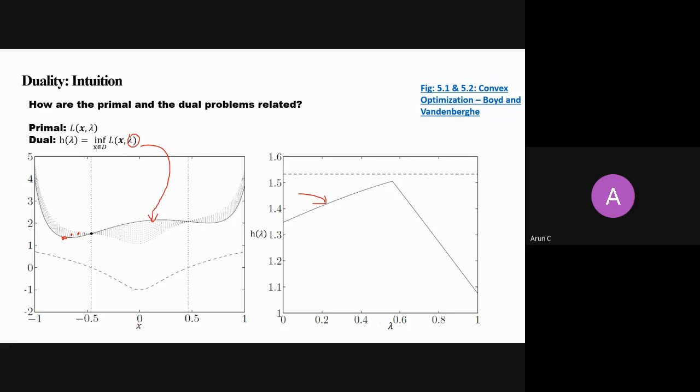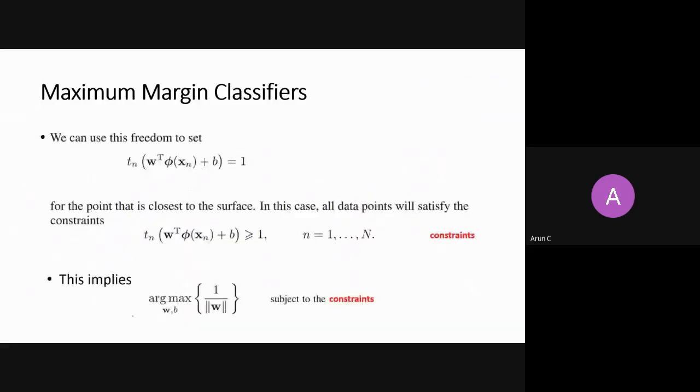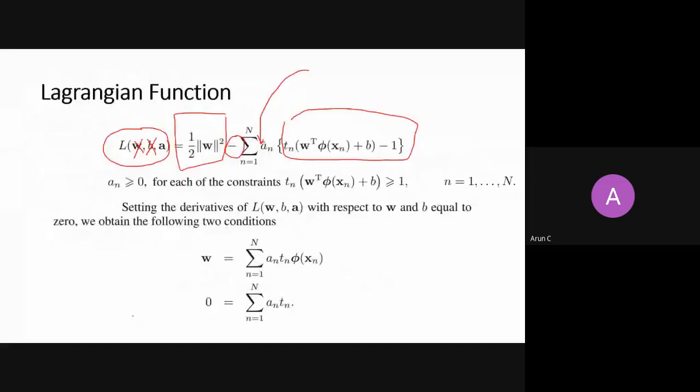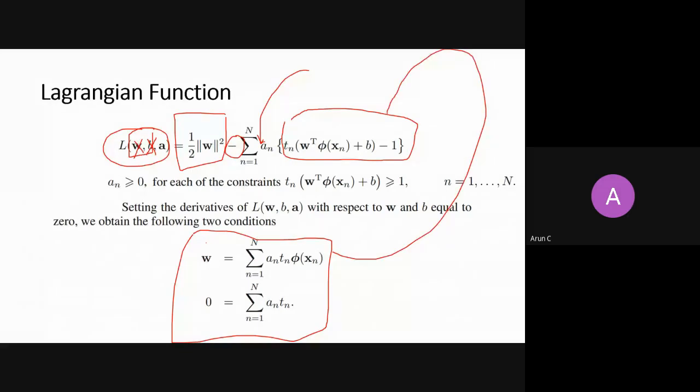I want to minimize over W. So when I minimize over W, and B is also included, I take a derivative and put it equal to 0. After minimization, this value should be satisfied. The trick is to plug this value of W and B back into the objective function. Hence, W and B can be seen in terms of alpha, t, and phi.